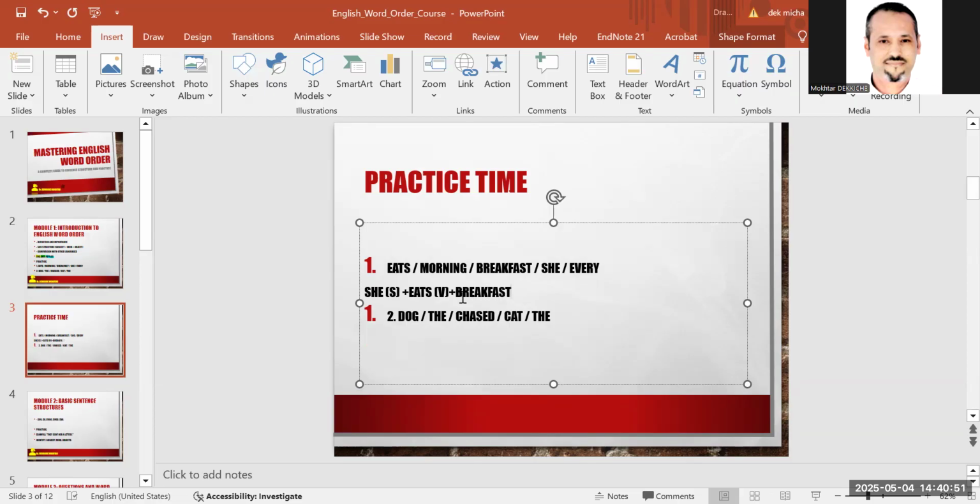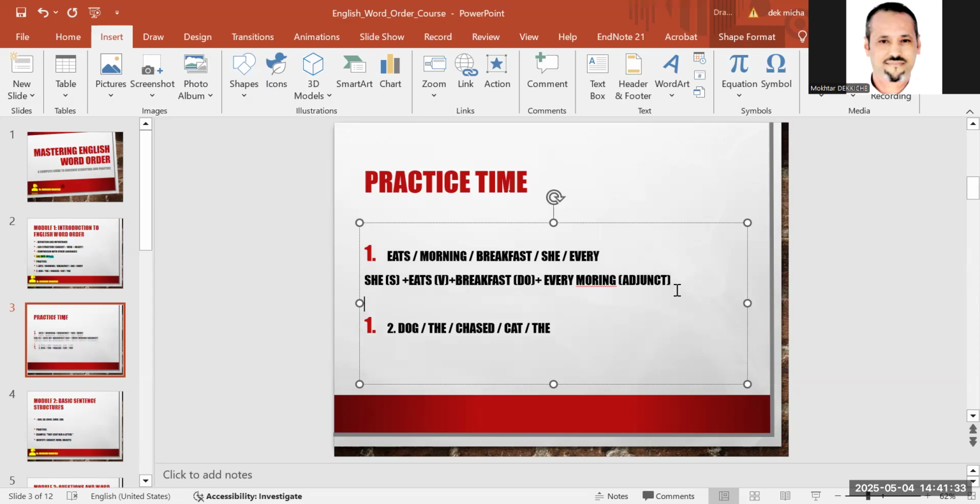Breakfast, which is what? An object, and precisely a direct object, plus every morning. Normally this every morning is an adjunct. We have here subject, she eats breakfast every morning.